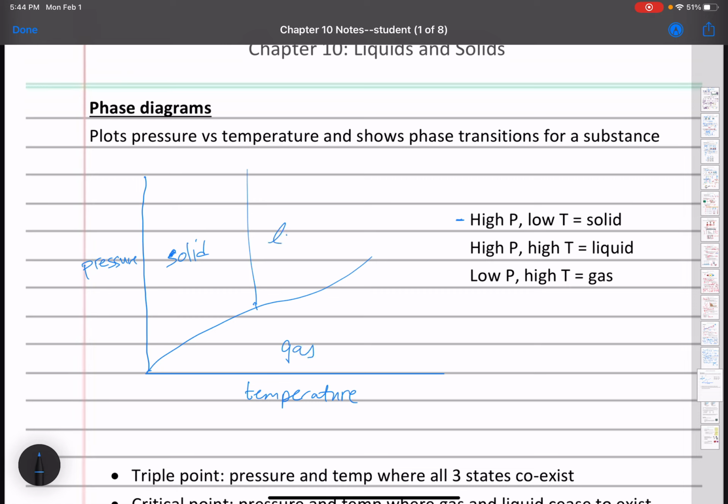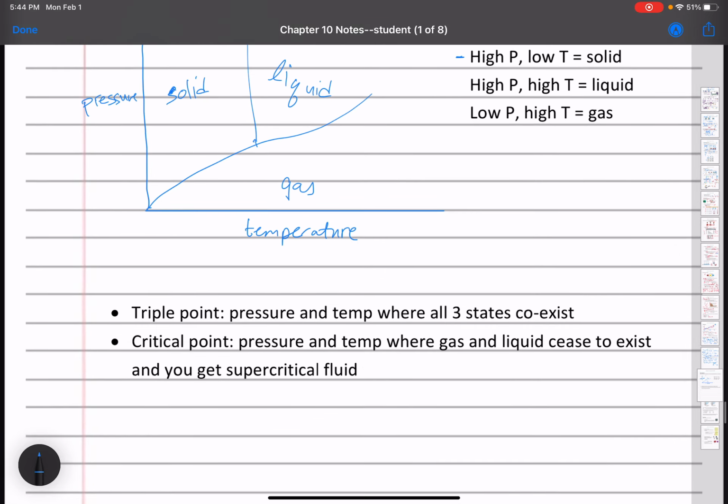And then up here where we have somewhat high pressure and high temperature, this is where liquids exist, more or less. So phase diagrams generally have structures somewhat like this. The solids will always be on the upper left, gases on the bottom right, and liquids somewhere in between.